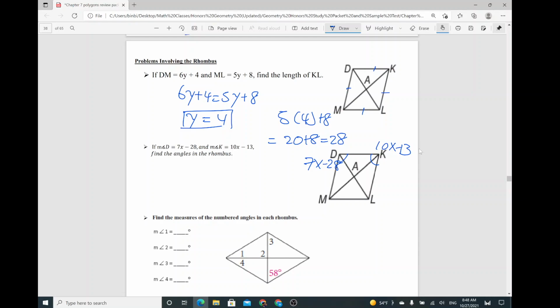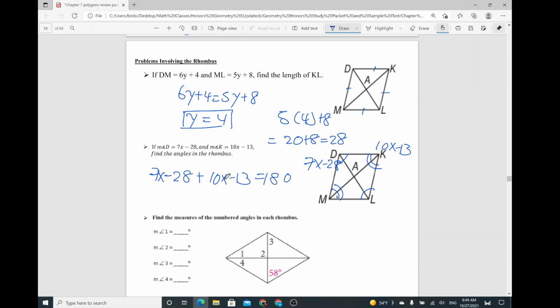Okay, so again, if that's a rhombus, the opposite angles have to be congruent. Also, this one has all the special properties of the parallelogram, so the consecutive angles have to add to 180 degrees. So 7x minus 28 plus the quantity 10x minus 13 equals 180.